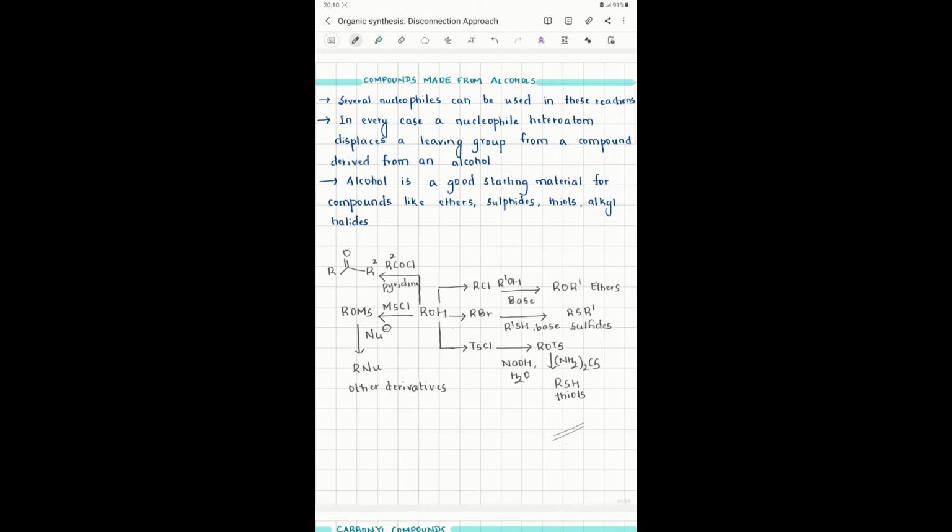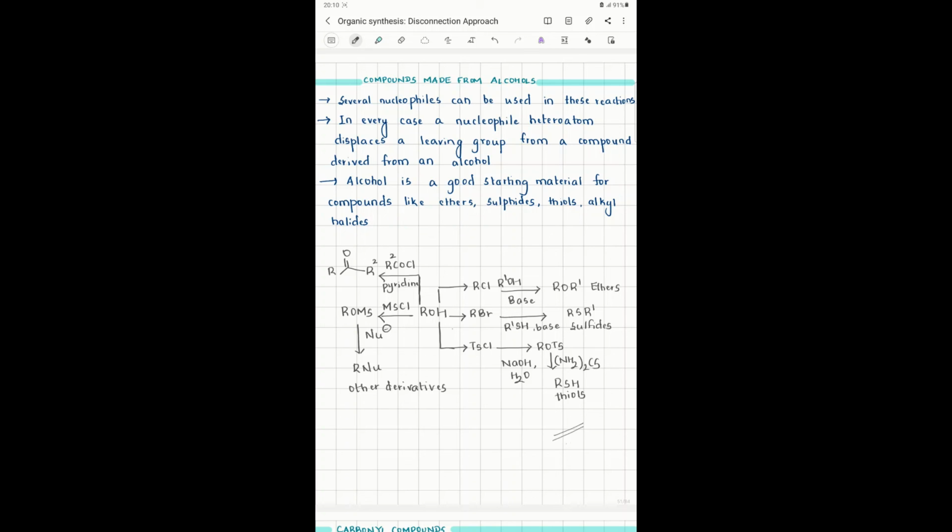That means one of the systems will act as a leaving group, which is going to be derived from the alcohol. Alcohol is a good starting material for compounds like ethers, sulfides, thiols, alkyl halides. We can observe that most of the compounds could be synthesized with the alcohol as the starting material.